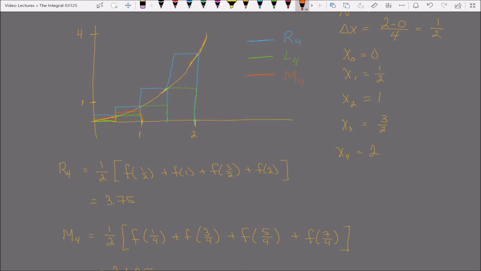Midpoint here, height here, and then midpoint up here. If you notice, in this case, the green is completely under the curve, the blue is completely over the curve. The orange, which is the midpoint, has some area that's over and some that's under.